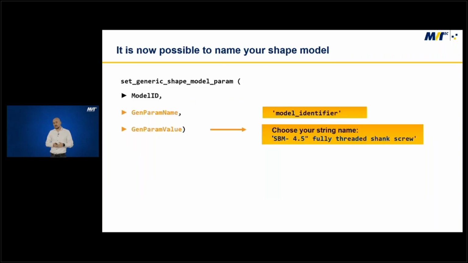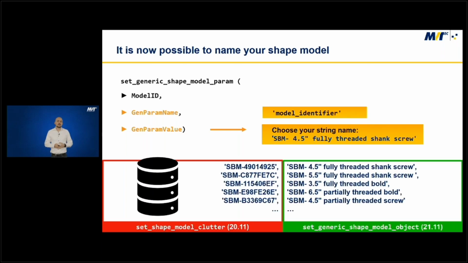Another very small feature for shape matching, which I wanted to mention here, is that it is now possible to name your shape model. If we think of the screw example I just showed you, you may have different kinds of shape models for different kinds of screws, and you want to manage them in some kind of database maybe.